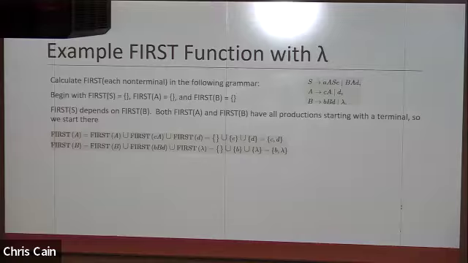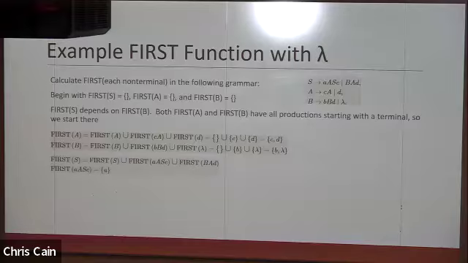This lambda does not get printed if we ever try to say what can be produced by B as a terminal; we would print just the B. But that lambda tells us, when we go through first of S and see the non-terminal B at the beginning of one of those right-hand sides, then we look at first of B, see the lambda, and that tells us that we should also look at the character after the B, because it is possible that B goes to lambda.